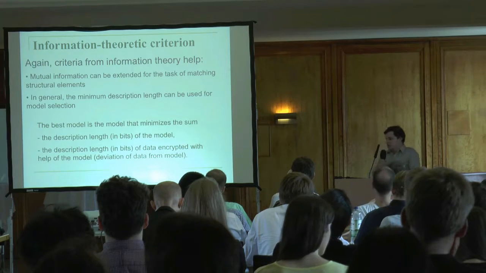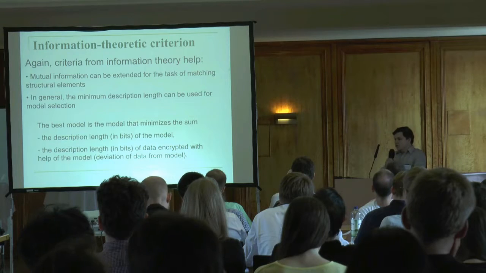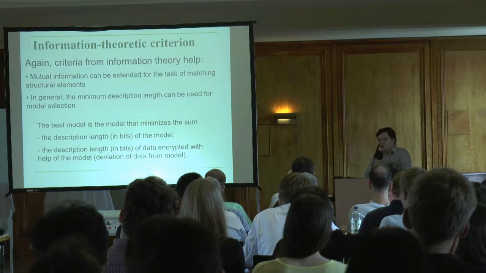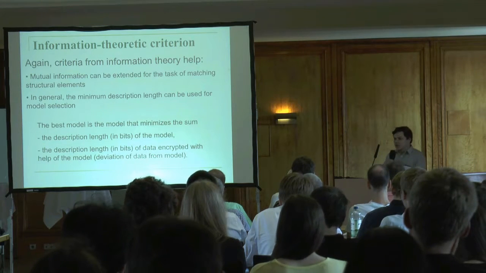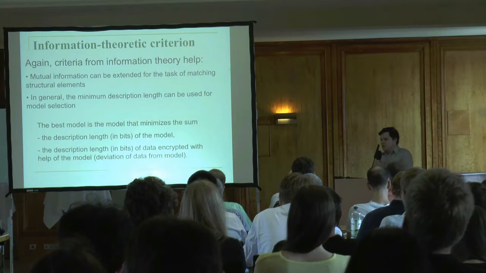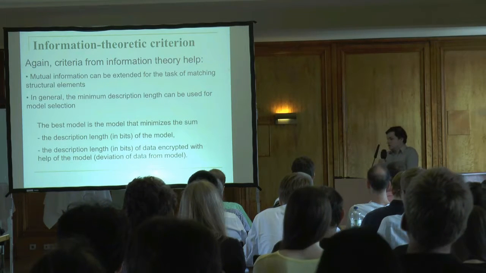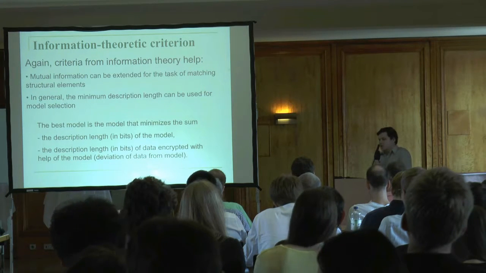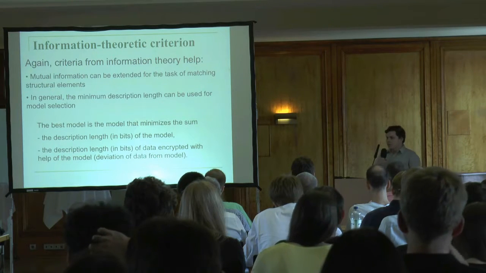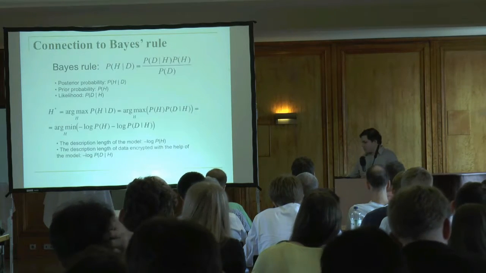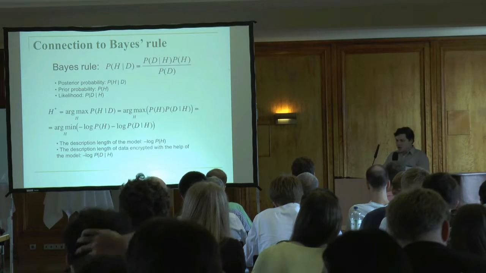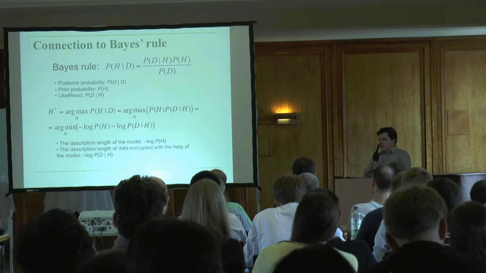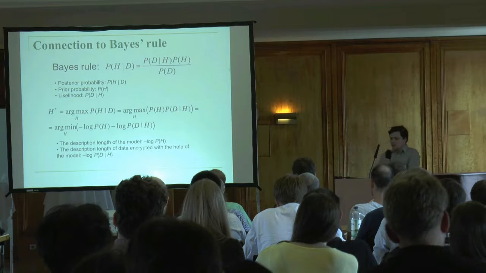in such practical tasks. And such a loose formulation of the minimum description length principle states that the best model or the best description of the data is the model that minimizes the sum of the description length of the model and the description length of the data encoded with the help of the model. Actually, on this level of strictness, the minimum description length principle is very similar to the Bayes rule.